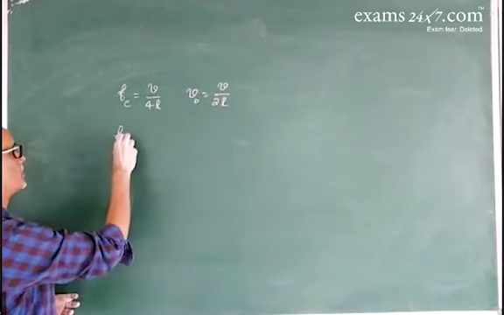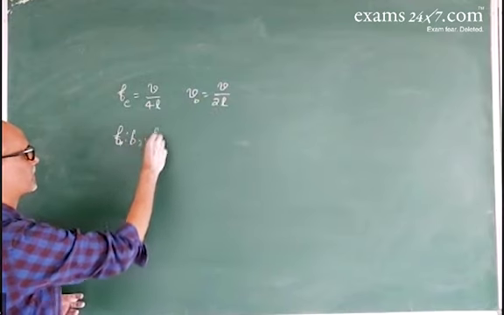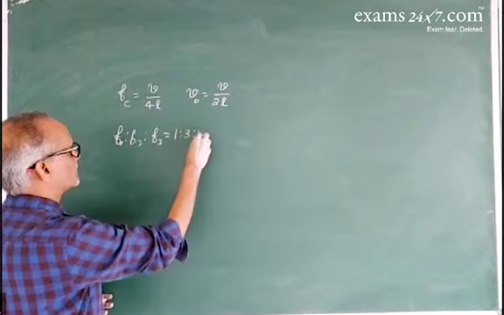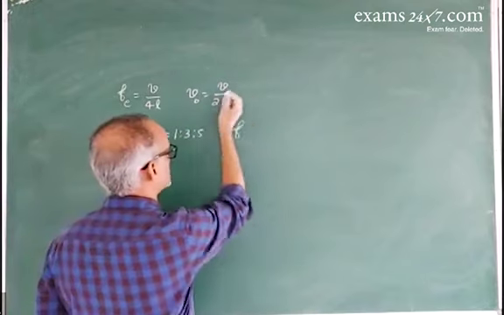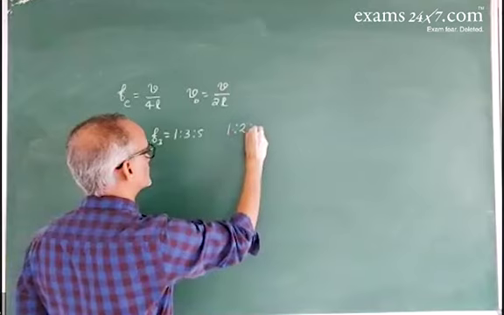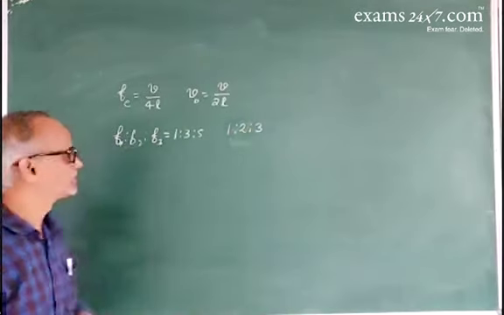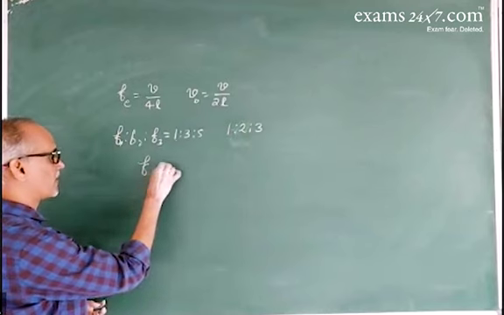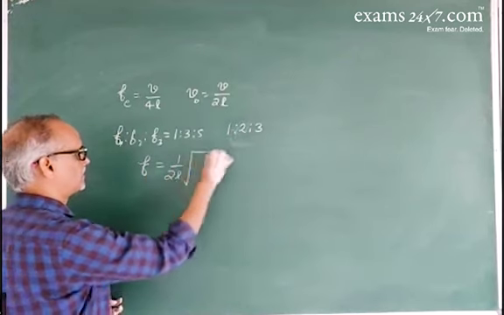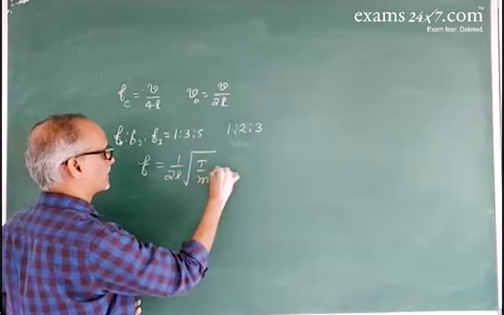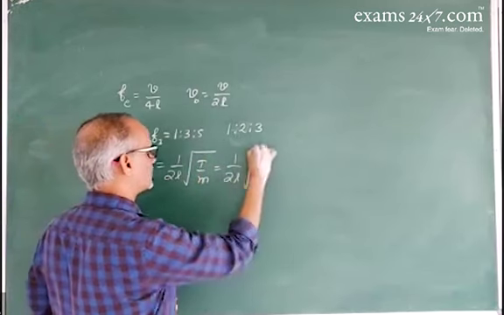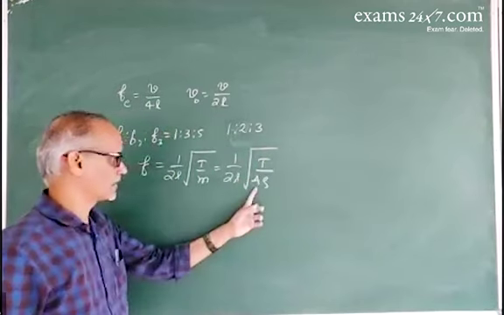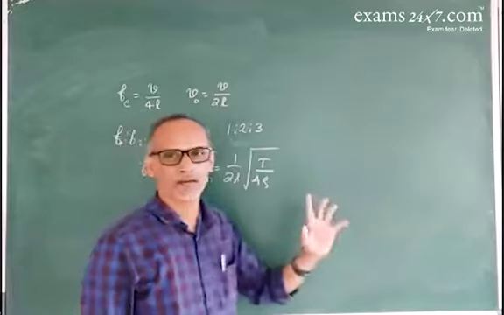The ratio of the overtones f1, f2, f3 is 1:3:5 in the case of closed pipe, and the same ratio is 1:2:3 in the case of open pipe. Fundamental frequency of the string f is equal to 1 by 2l root of T by m. The same thing can be written as 1 by 2l root of T by A into rho, where A is the area of cross section, that can be written as pi r square.